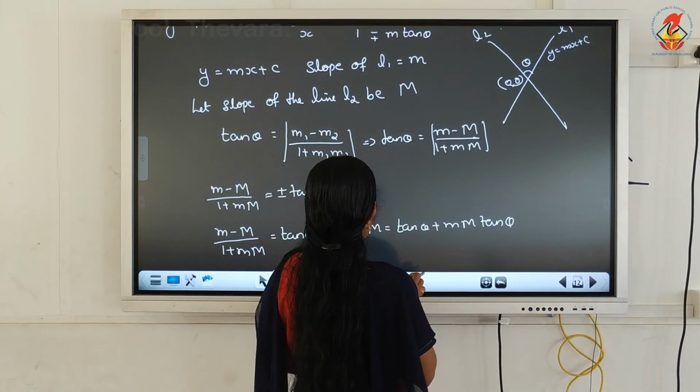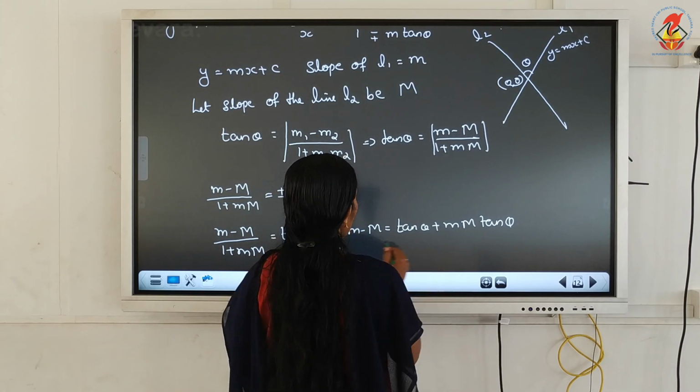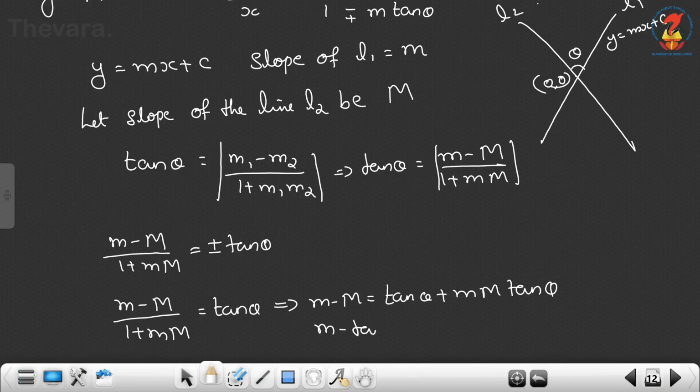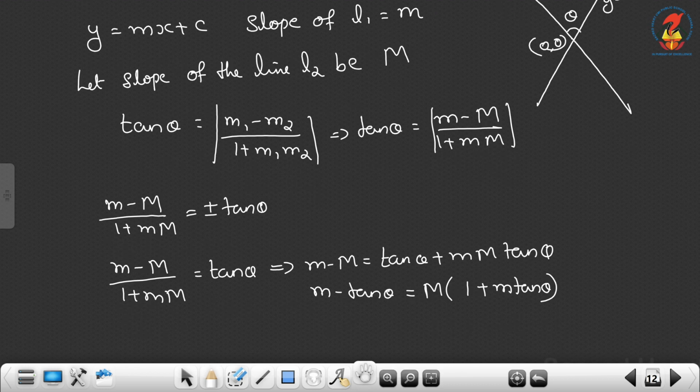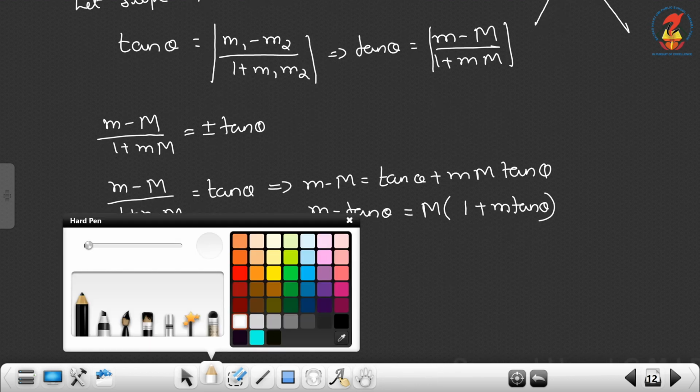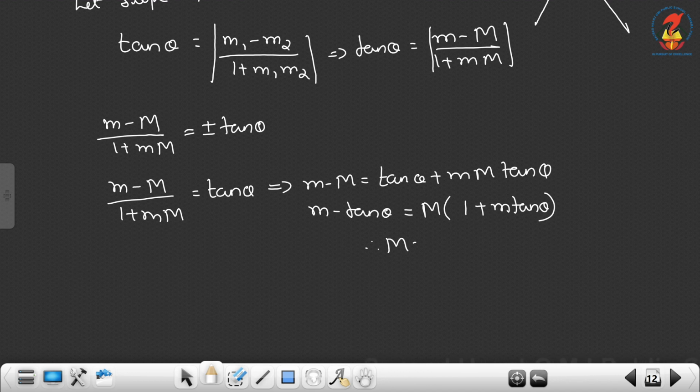Taking terms to the side, m minus tan theta is equal to M times (1 plus m tan theta). Therefore M is equal to (m minus tan theta) by (1 plus m tan theta).